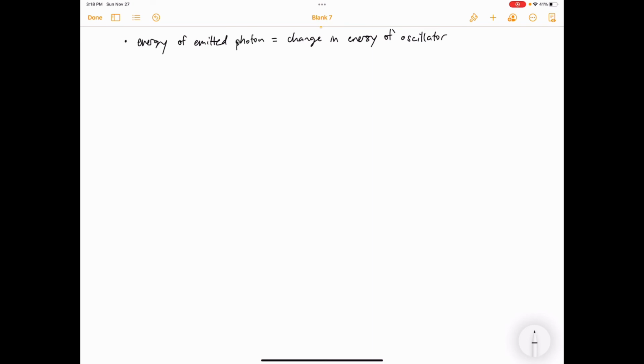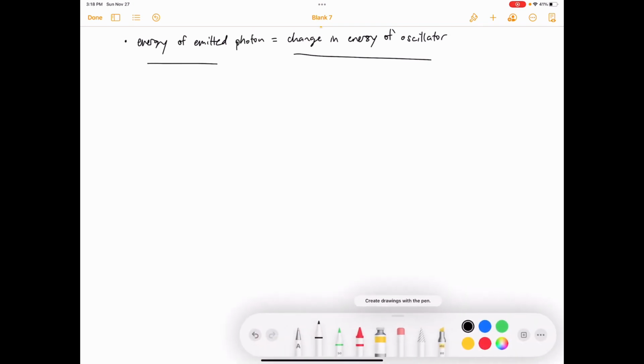Let's think about what is the lowest energy photon that our system can actually emit. That's going to happen when we're transitioning between neighboring energy levels. Because if we're transitioning between energy levels that are really far apart, then the change in energy of our oscillator is going to be really big, and the energy of our emitted photon is going to be really big.